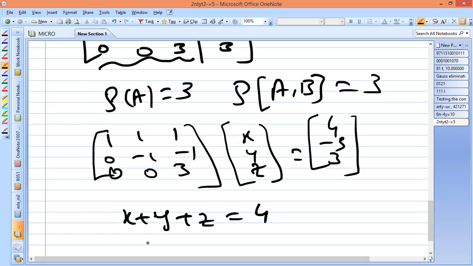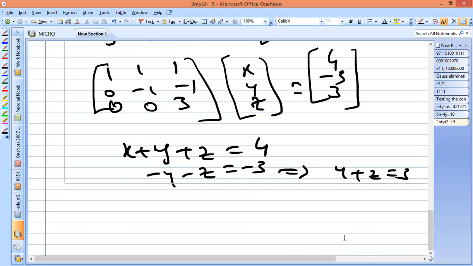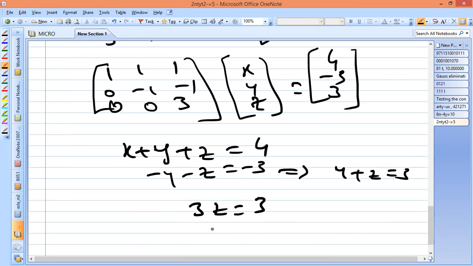And what is the next equation? Minus y minus z is equal to minus 3, which implies y plus z is equal to 3. Right? And then 3z is equal to 3. So what does it imply? z is equal to 1.